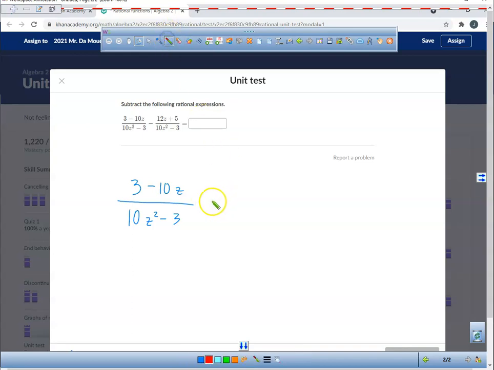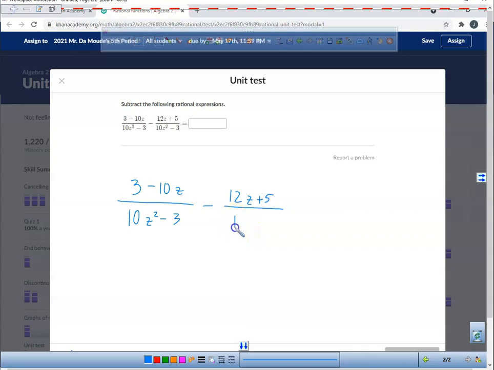There's a minus sign, so put a little minus sign over 12z plus 5 over 10z squared minus 3. All we're going to do is subtract the following rational expression.